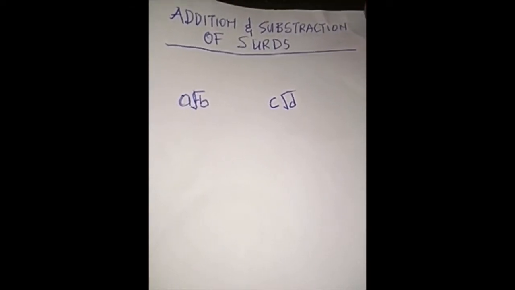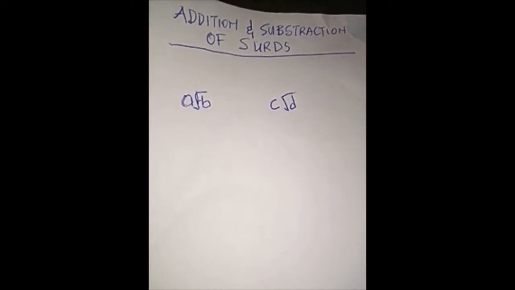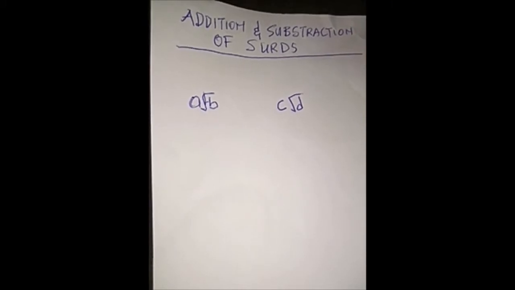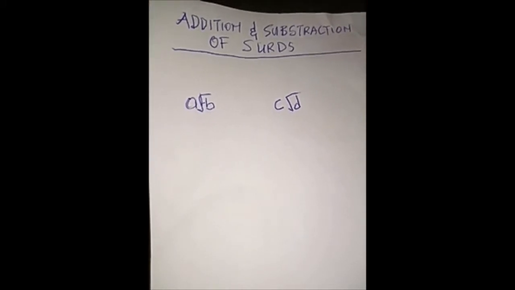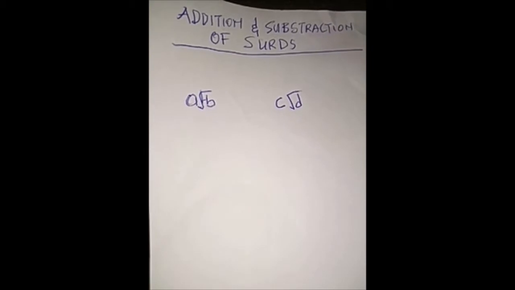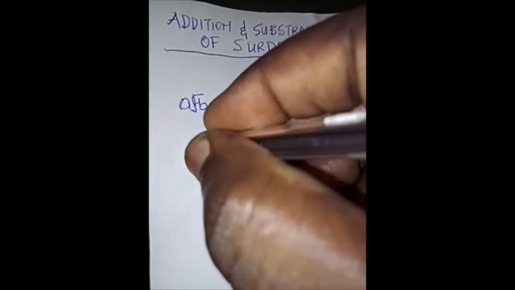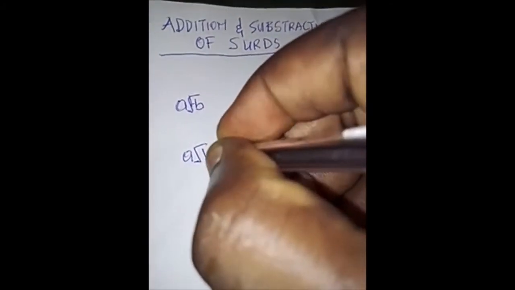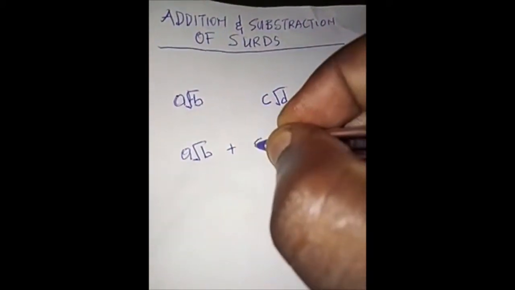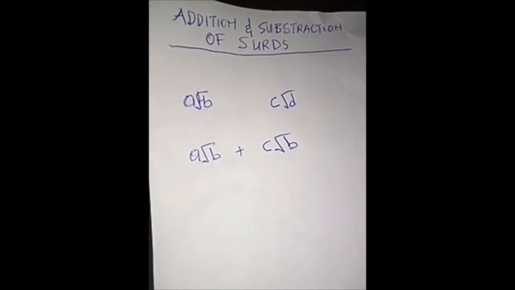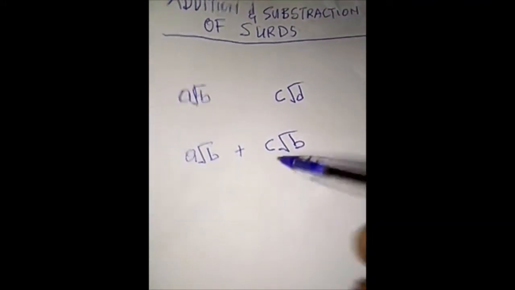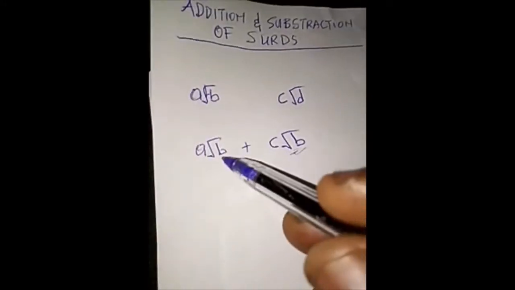Now, addition and subtraction of surds obey a simple algebra rule in which like terms can only be subtracted or added. So I can have, let's say, a root b plus c root b. Here I can call these two like terms. Why? This is root b and here is root b.